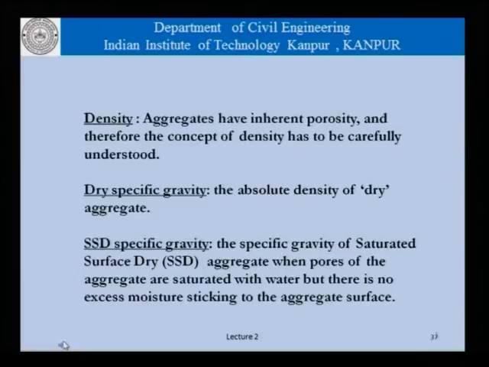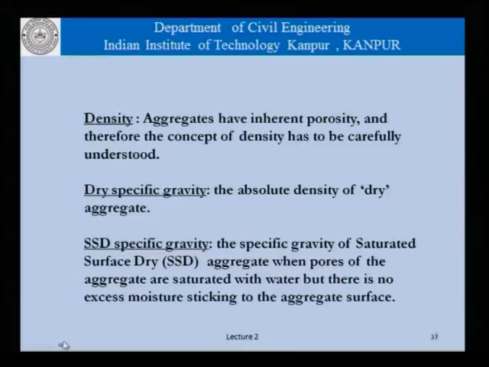SSD specific gravity is the saturated surface dry specific gravity, and that means the specific gravity of SSD aggregates, that is those aggregates where water saturates the pores within the aggregate, but does not wet the surface.